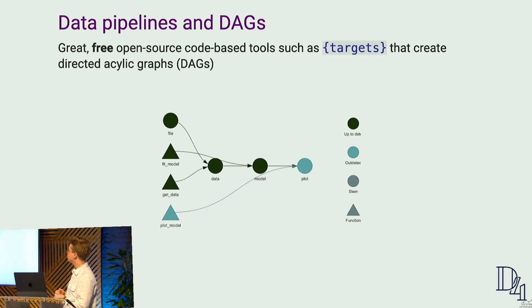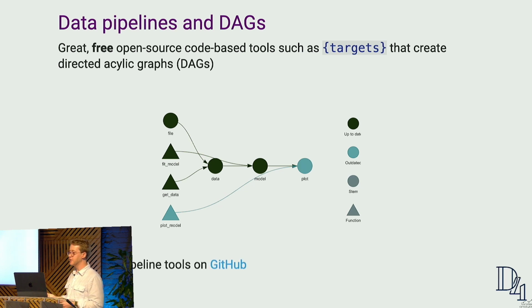So one of the main features of targets in this DAG approach is that it understands which data and which files are out of date, and when you reschedule or rerun this, it will only run what's needed. So in this case, plot model is now out of date because it's light blue, and if you reran this whole pipeline, then it would only execute plot model and the plot function, which it's dependent on.